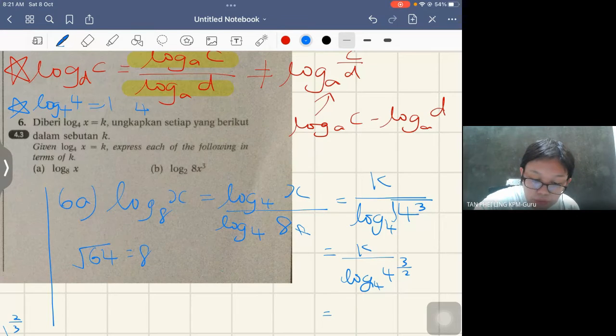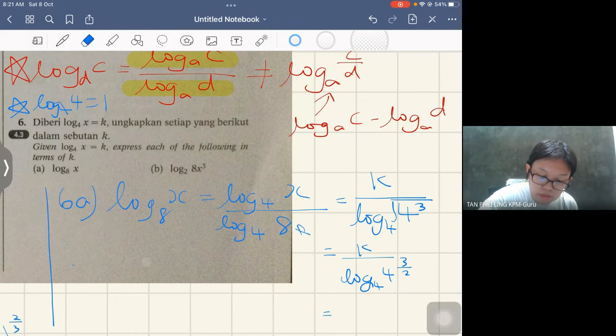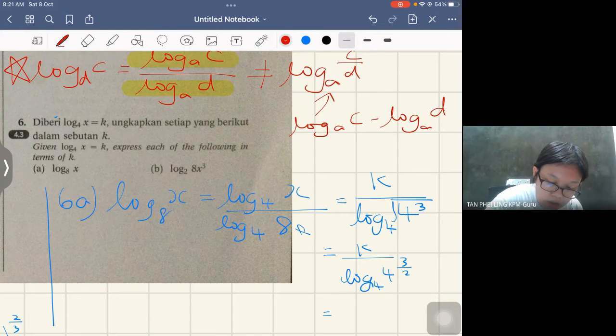I just want to prove to you, okay, let us write it down here. Okay, now at the bottom here, all right, so here I'm going to write in red, so that you can take more note. Log 4 base 4 equals to 1.